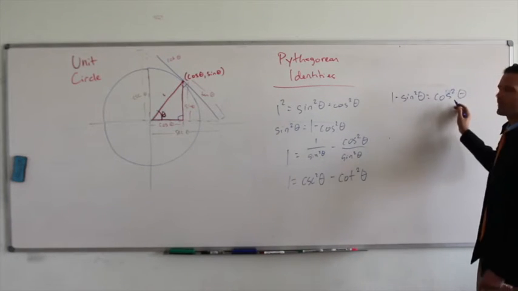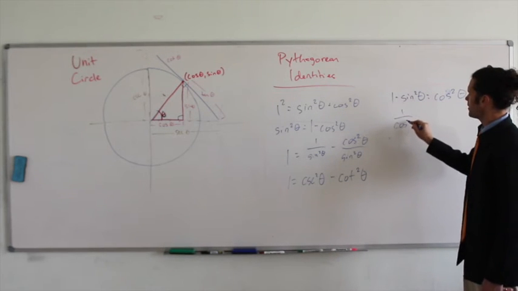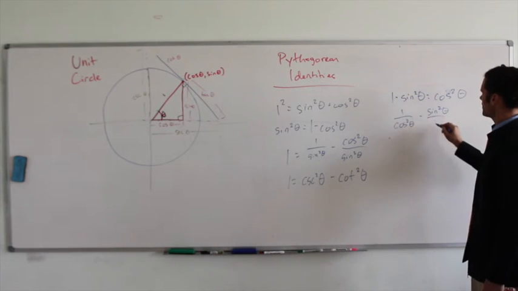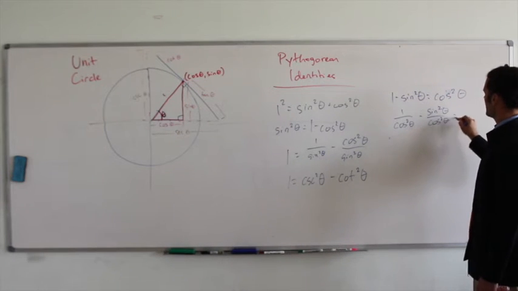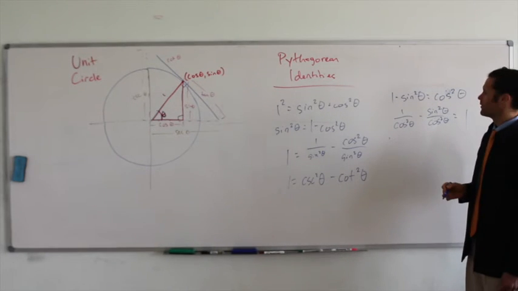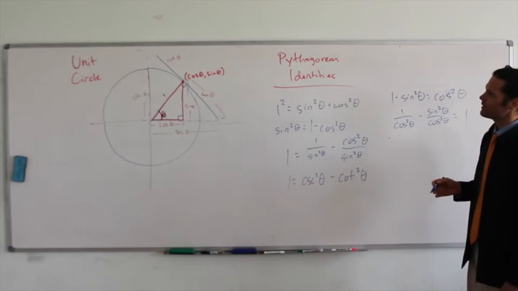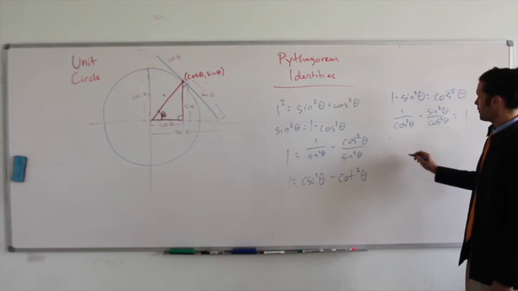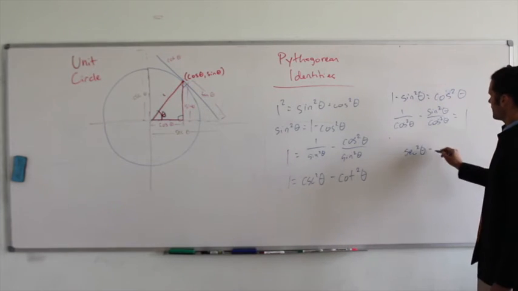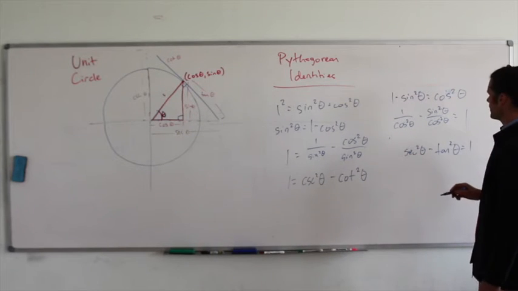And so again, we can do that same type of algebra, and we get 1 over cosine squared theta minus sine squared theta over cosine squared theta is equal to 1, because cosine squared theta divided by itself is 1. And then simplify, 1 over cosine is secant, and so 1 over cosine squared is secant squared theta minus tangent squared theta. That's equal to 1.